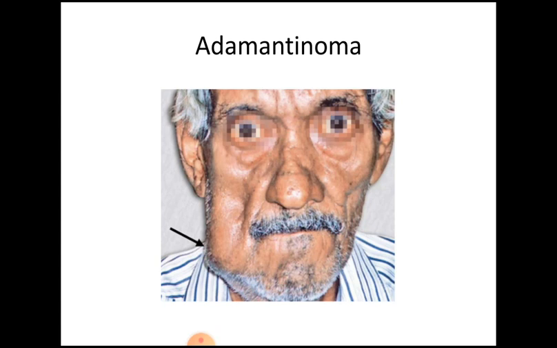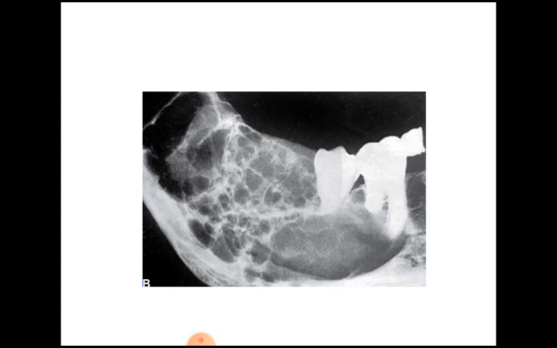Adamantinoma grows on the outer side, while osteoclastoma grows on both sides. Adamantinoma X-ray is multilocular with equal loculations, while osteoclastoma is multilocular with unequal loculations.